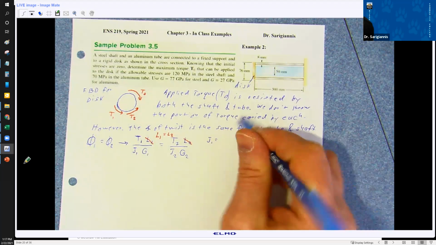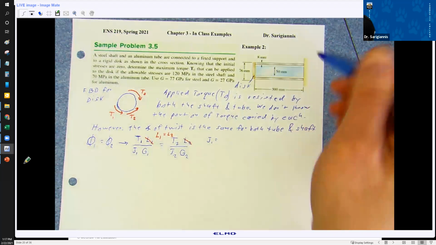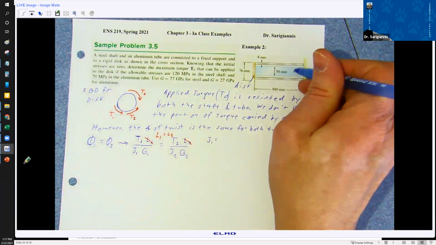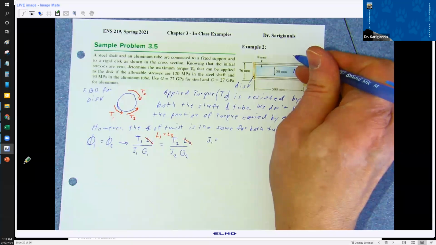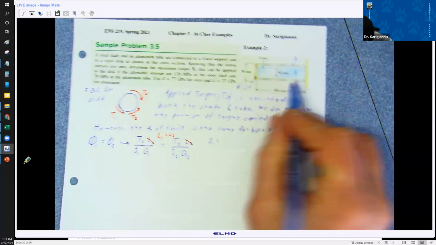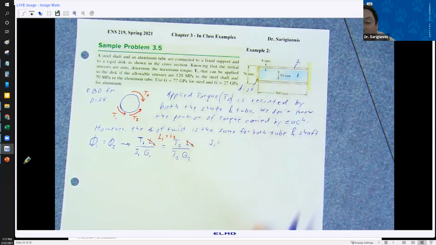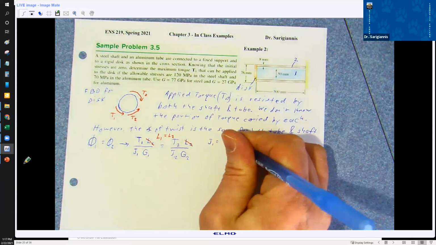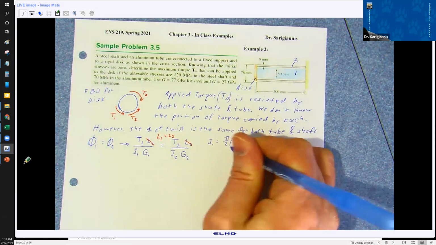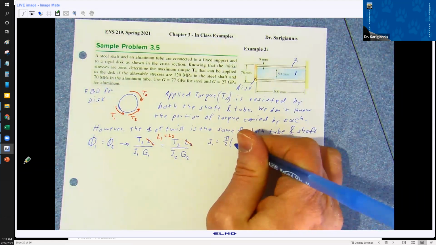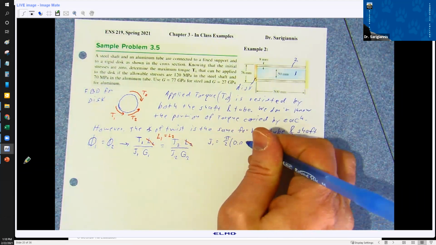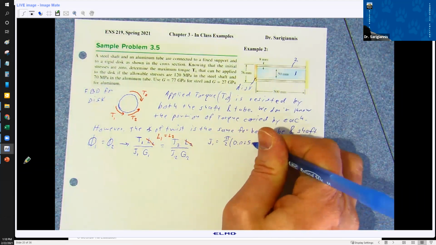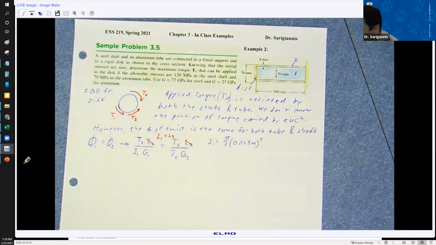J1 is, let's number these, 1 and 2. I'm going to go with 1 as the solid shaft and 2 as the hollow tube. So J1 is pi over 2 times the radius, 0.025 meters to the fourth.